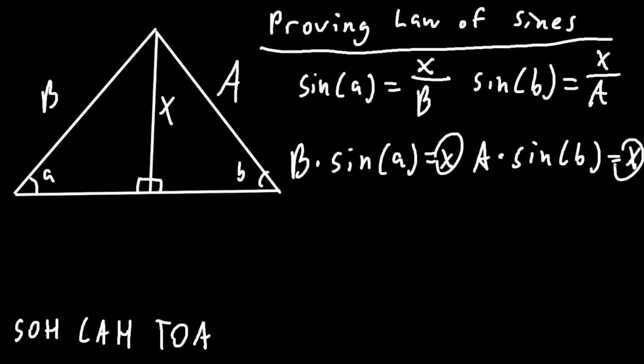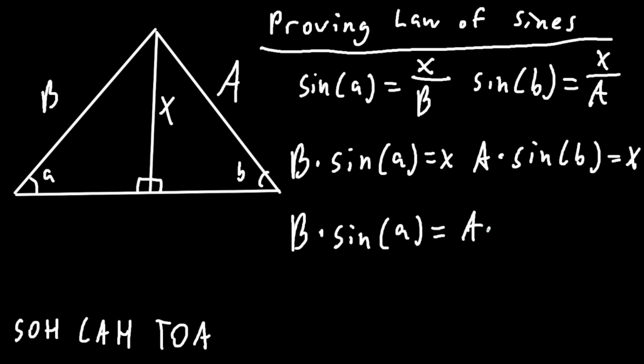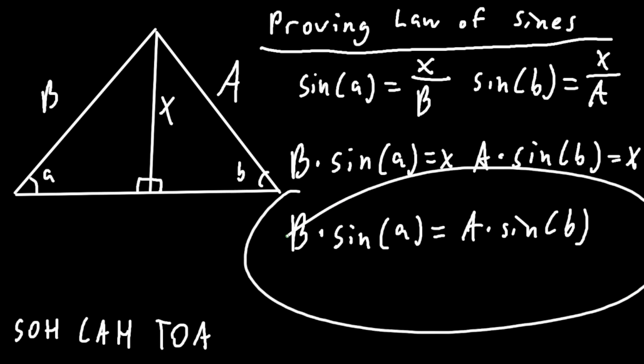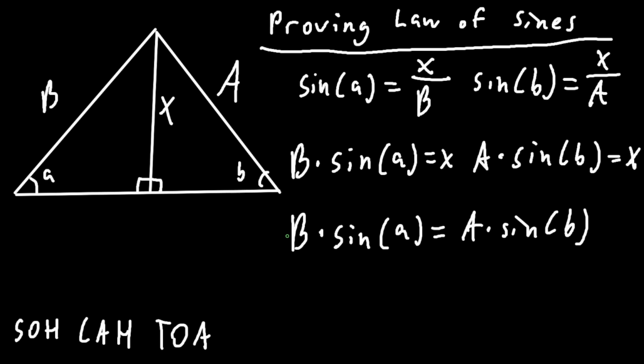Okay, so now both these things are equal to x. Since they're both equal to x, I can essentially set them equal to each other. So we know B times the sine of A is going to be equal to A times the sine of B. This is an equation that you could use without having to look at whatever x is here.